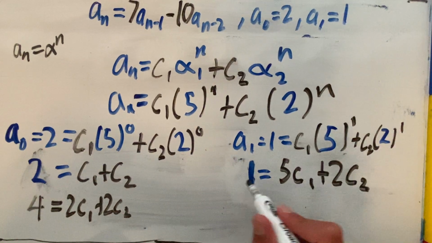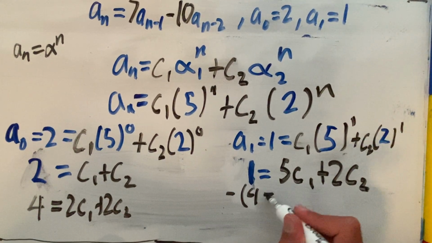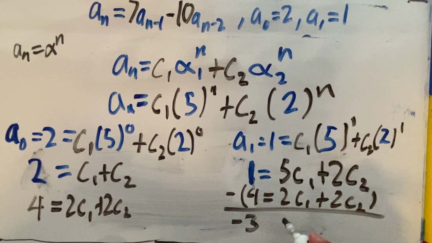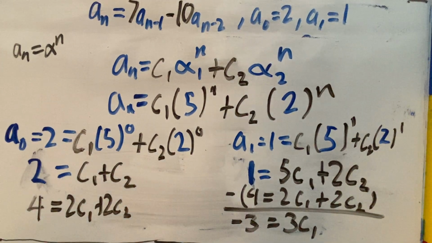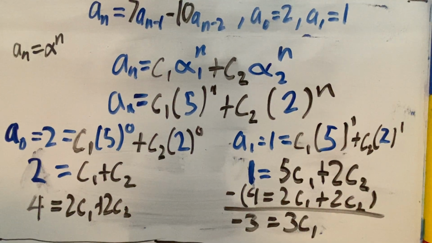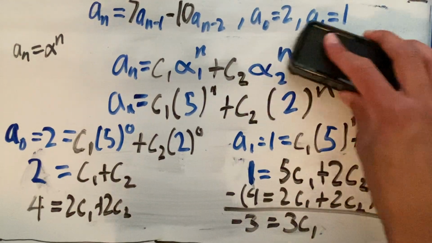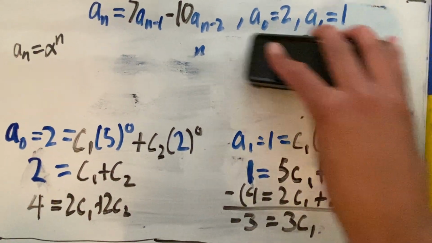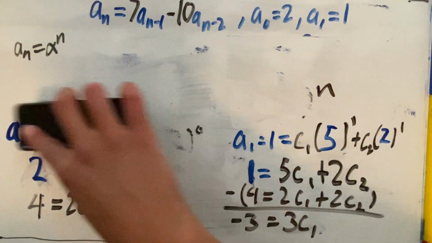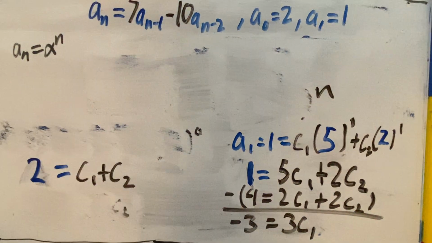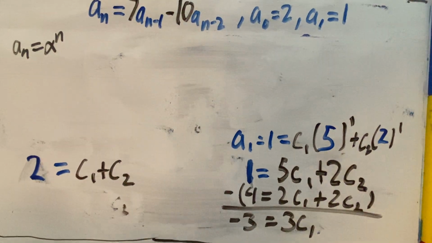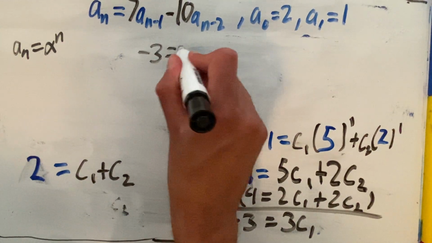Then if we subtract that equation, we get that minus 3 equals 3c1.